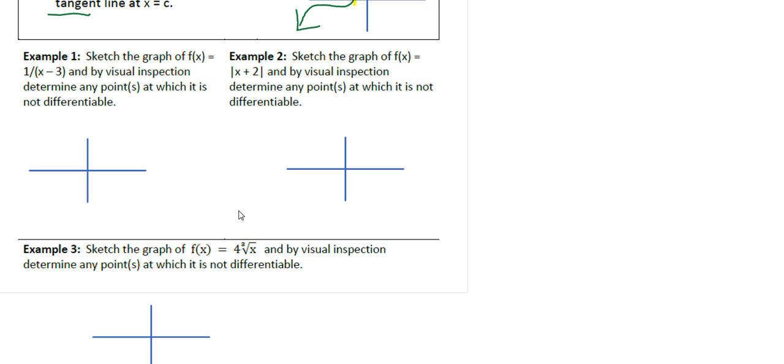The first question says, sketch the graph of 1 over x minus 3, and by visual inspection determine any points at which it is not differentiable.